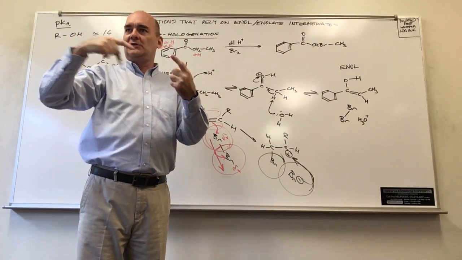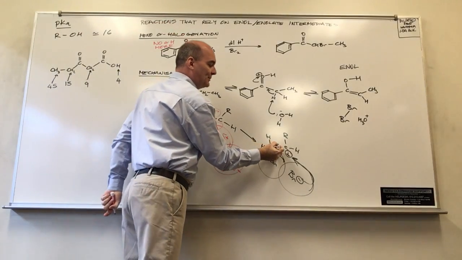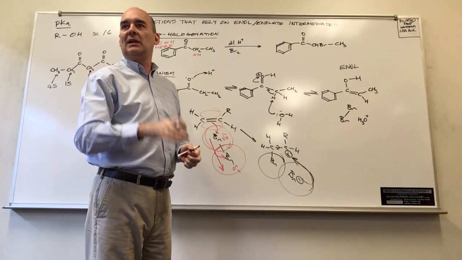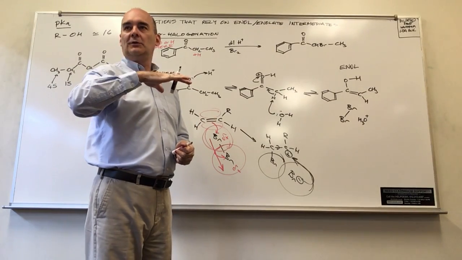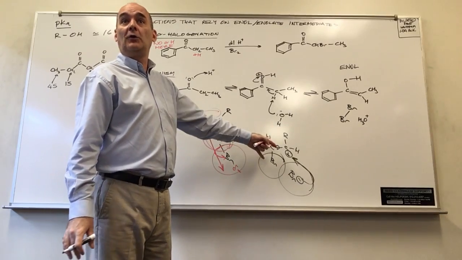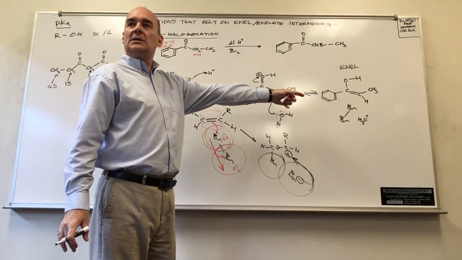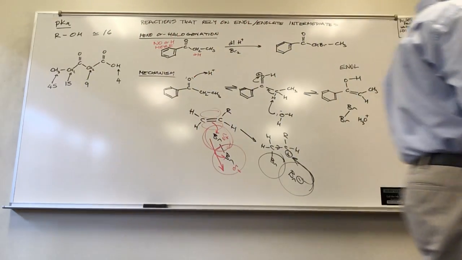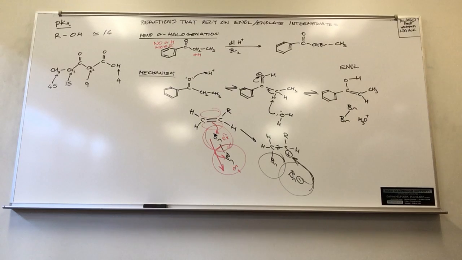But because that molecule can rotate around this bond, there's no point in showing it. It only really reveals itself in planar molecules, cyclic molecules. Okay? So we've seen that reaction before. Let's just apply it to this. It's a little bit different.